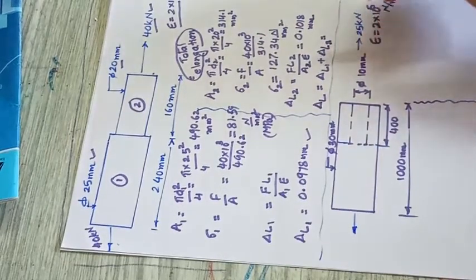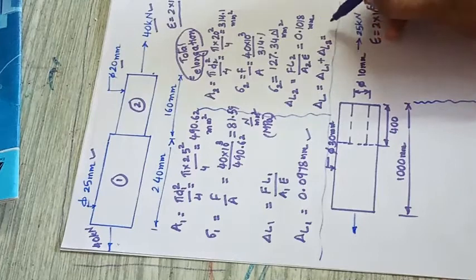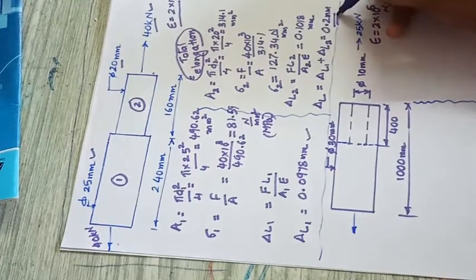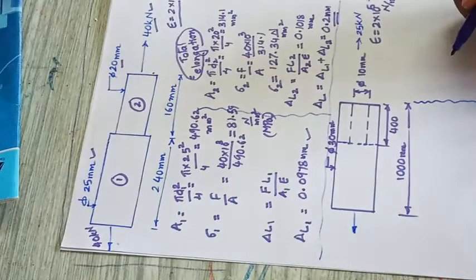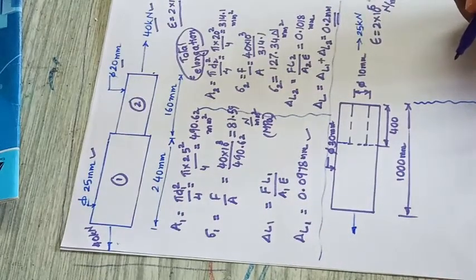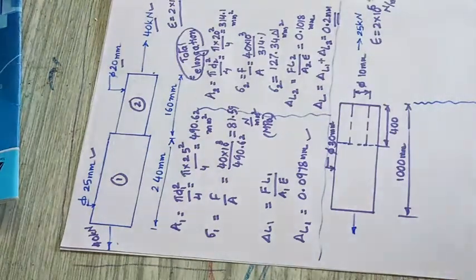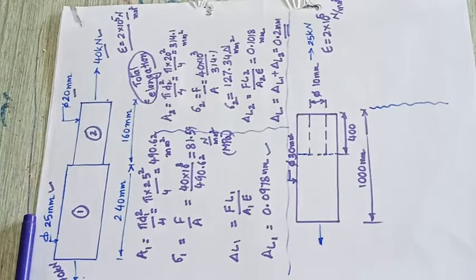So this value is 0.2 mm. I got an answer of 0.199, the value is the same, or equal to 0.2 mm. Okay, next let us take the next problem.